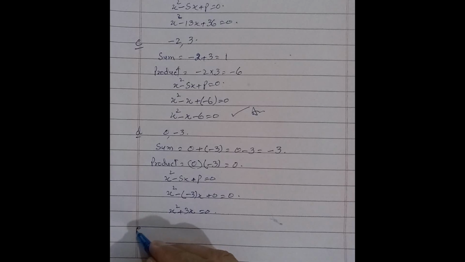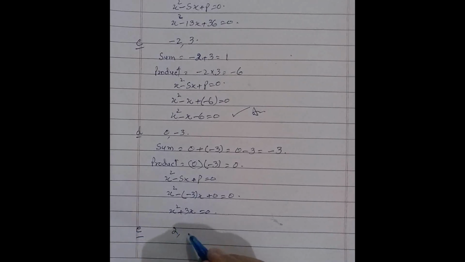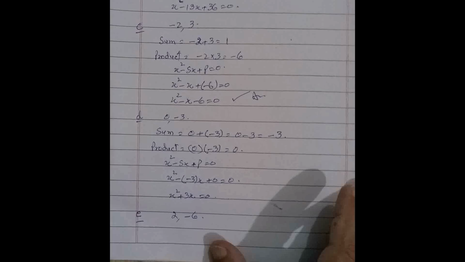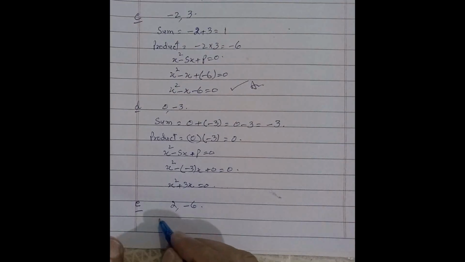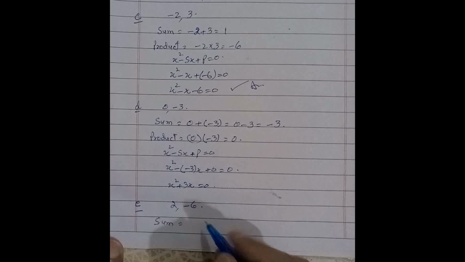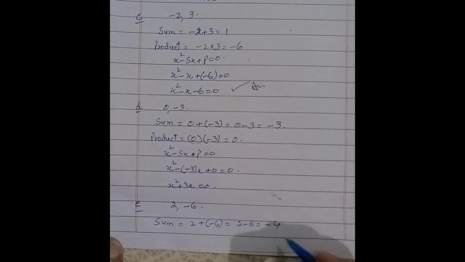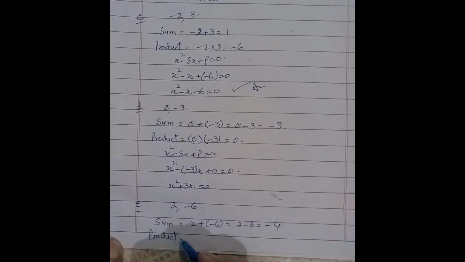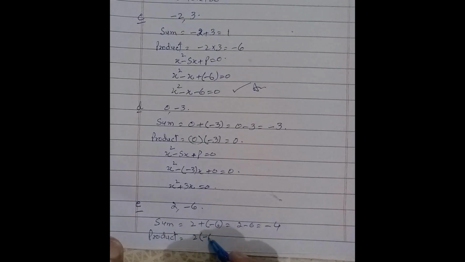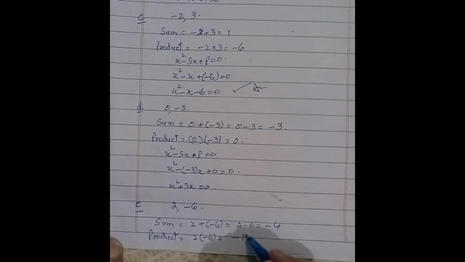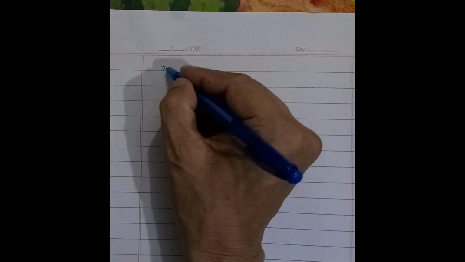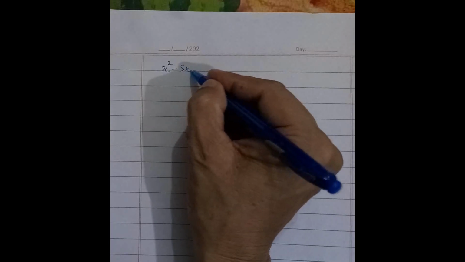And after D, we have E, in which 2 and minus 6 are the roots. Sum of roots is equal to 2 plus minus 6, which is 2 minus 6, which is equal to minus 4, and the product is 2 into minus 6, which is equal to minus 12. The standard equation is x square minus sx plus p is equal to 0.